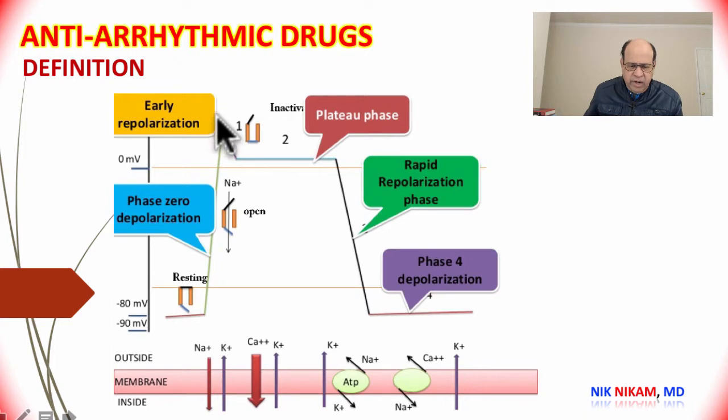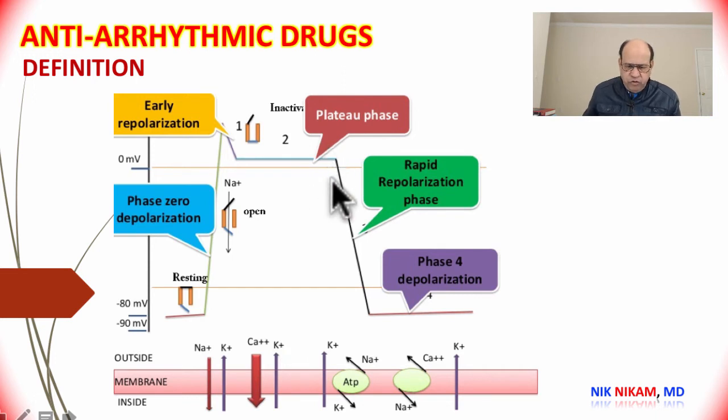And this early repolarization is represented by the movement of potassium from inside the cell into the interstitial space, and that is phase 1. Phase 2, which I talked about, the plateau phase, is brought about by the movement of calcium into the myocardial cell along with some movement of potassium outside the myocardial cell.